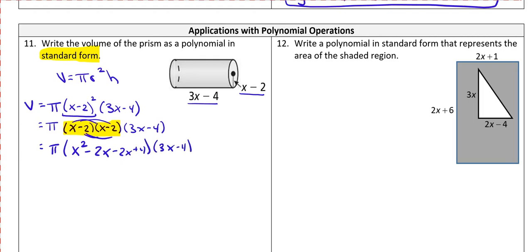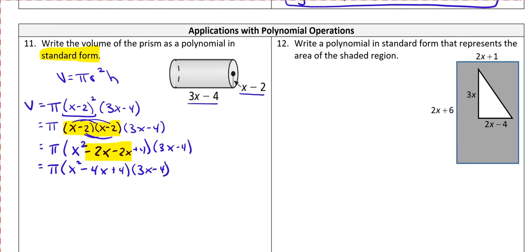Again, just like we've done previously, if you can combine like terms, I recommend it. So right here we have this negative 2x and negative 2x, which are going to add up to negative 4x. And then plus 4. And then finally we're going to multiply this by 3x minus 4.